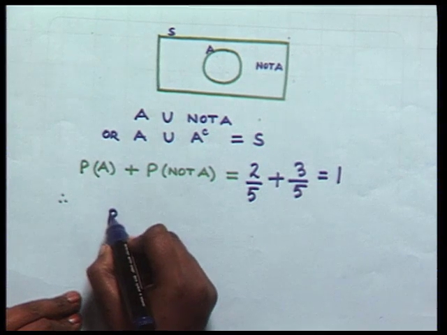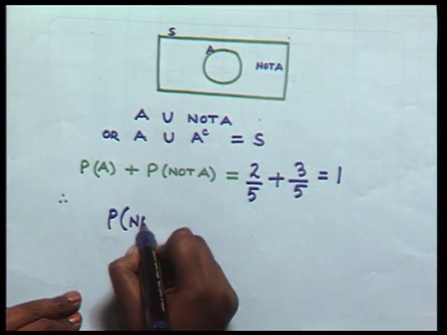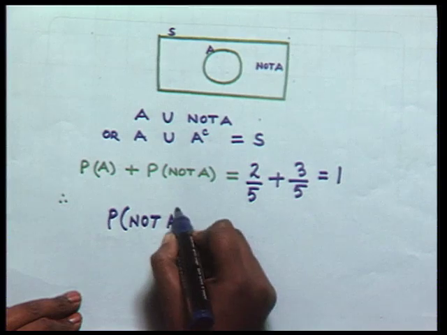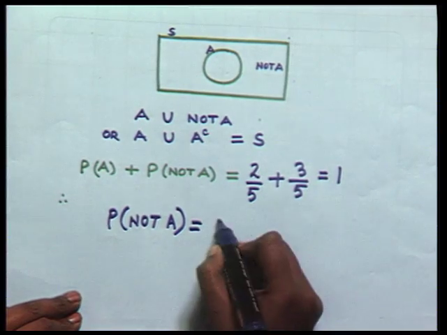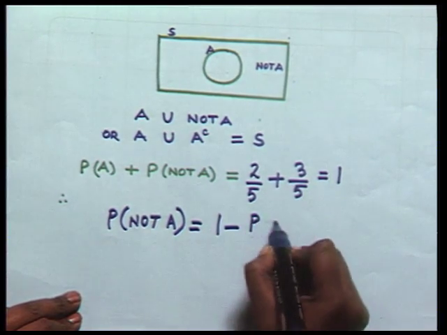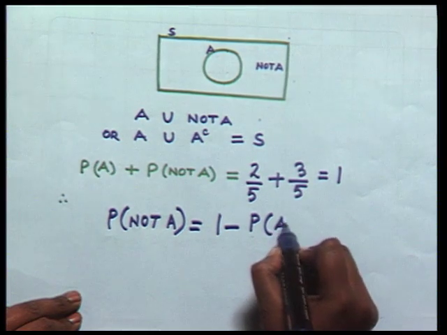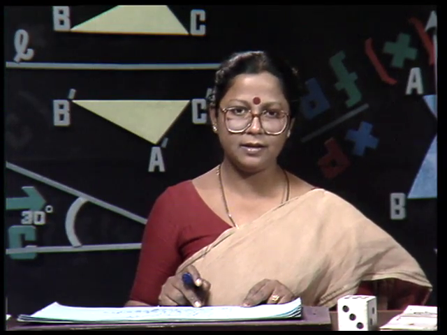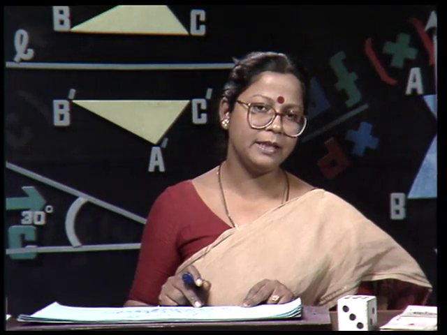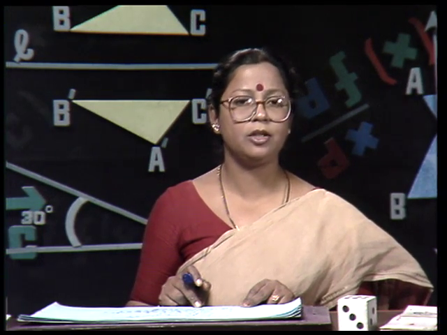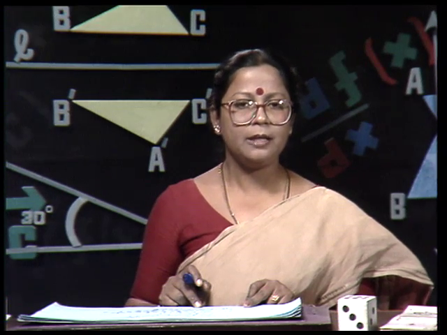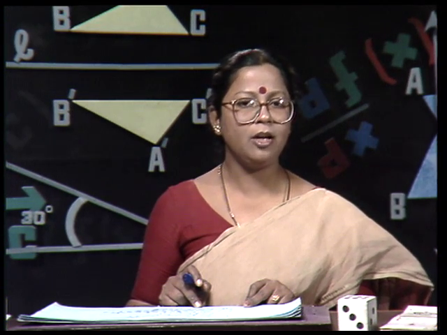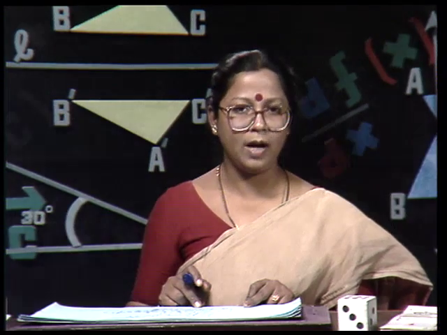Therefore, we have probability of event not A equal to 1 minus probability of event A. Thus, we observed that if we know the probability of occurrence of an event, then we can find the probability of the occurrence of event not A by subtracting the probability of the event A from 1.